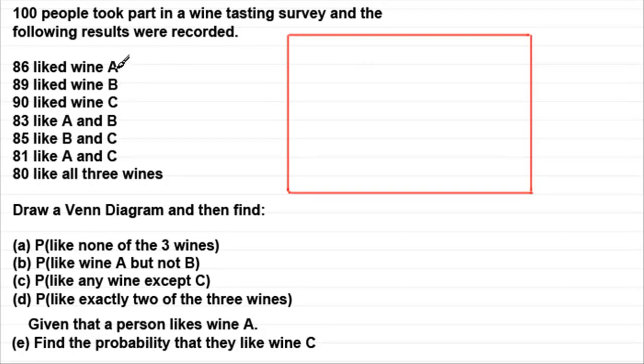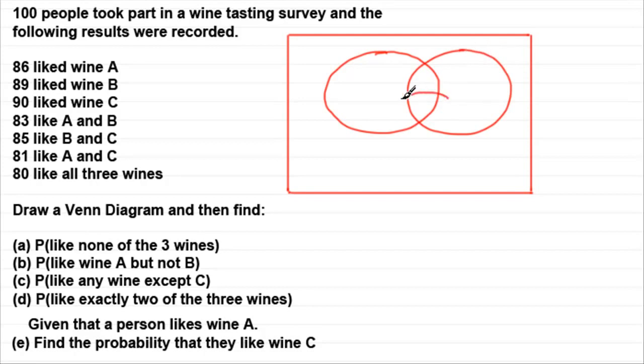We've got people who liked wine A, wine B, and wine C. So you draw any three shapes. Okay, normally it tends to be circles or ovals, ellipses. Okay, so I'm going to do it something like this, and you have them overlapping one another. Then we label them A, B, and C.